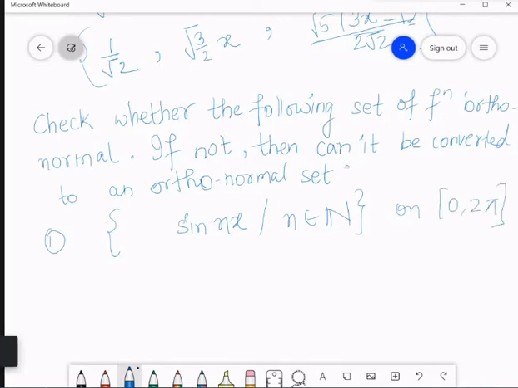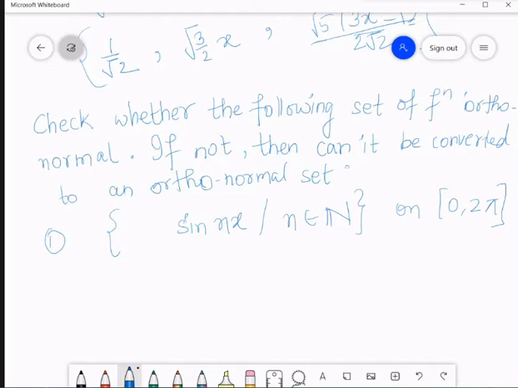Now tell me how many elements are present in this particular set. n elements. What are the n elements? Natural. So how many elements are there? In fact, here I have to take all the possible values of n, natural numbers. So what are the natural numbers? 1, 2, 3, 4, 5, 6.